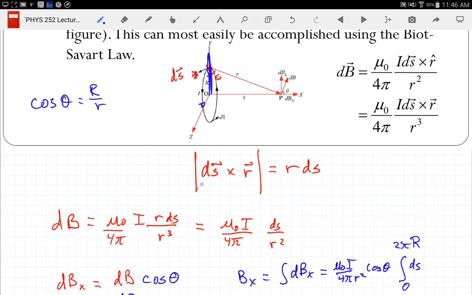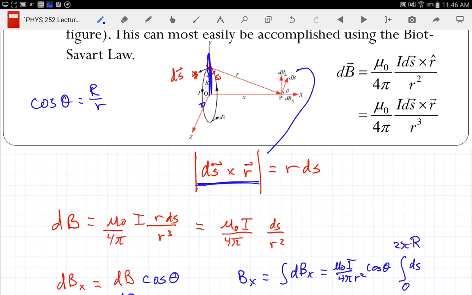The first thing we did when we did this cross product was the right-hand rule, to find the direction. And so this dB is the direction that we found from application of the right-hand rule. Okay, thank you, that makes sense. So it had to be perpendicular to the r vector and perpendicular to the s vector, and that specified exactly what the angle was.